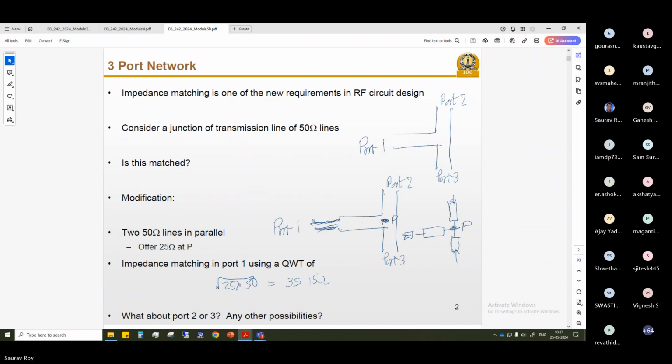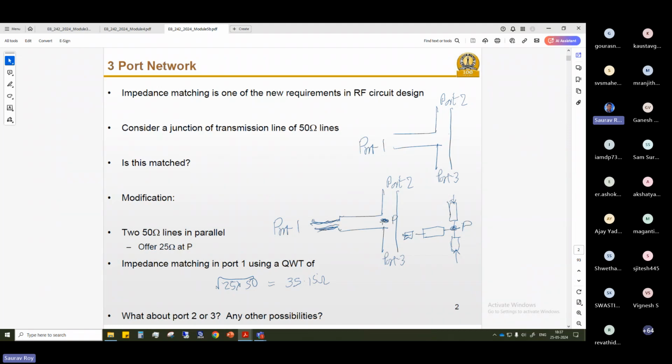So what is the very common tool for impedance matching? If you have read circuit theory or transmission line theory, you know one of the important sections is the quarter wave line. A quarter wave line is used for matching.